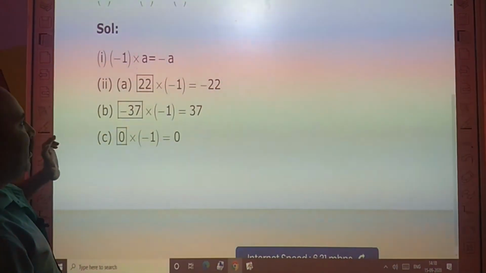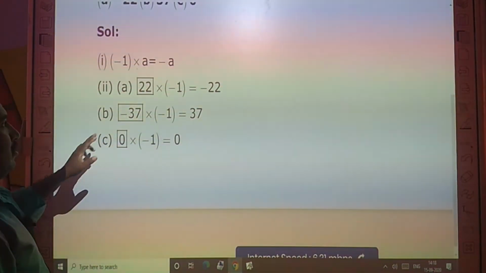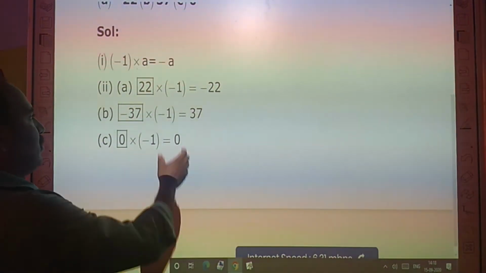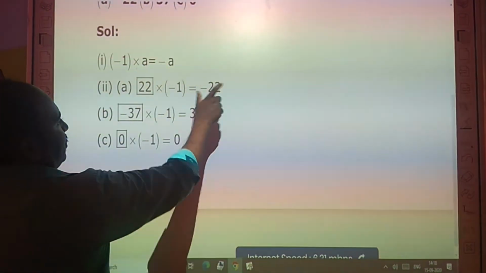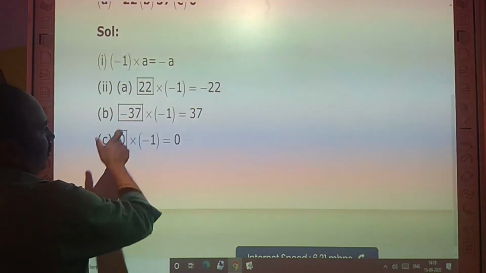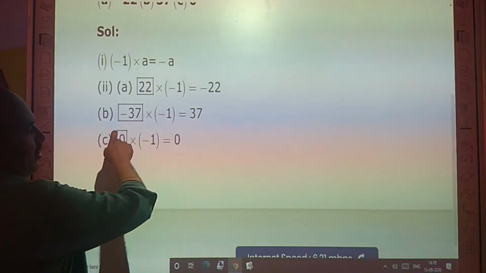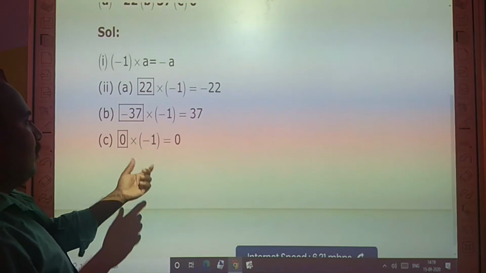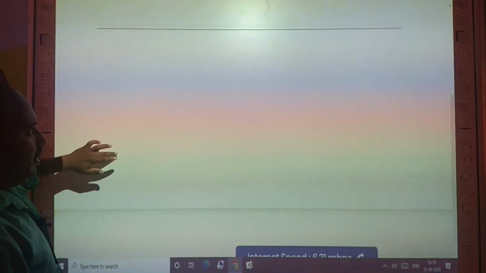So we multiply minus 1 into the given numbers. Minus 1 into 22 is equal to minus 22, minus 1 into minus 37 is equal to minus into minus, plus 37, and minus 1 into 0 is equal to 0.